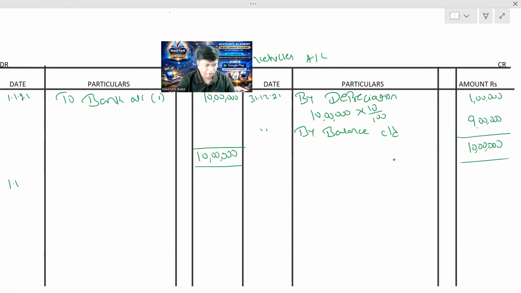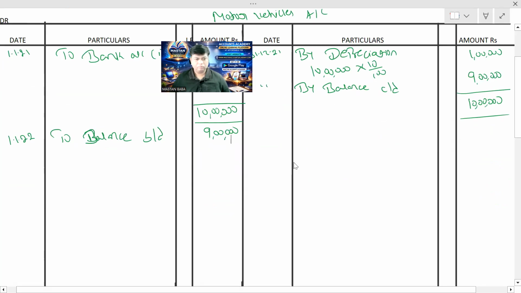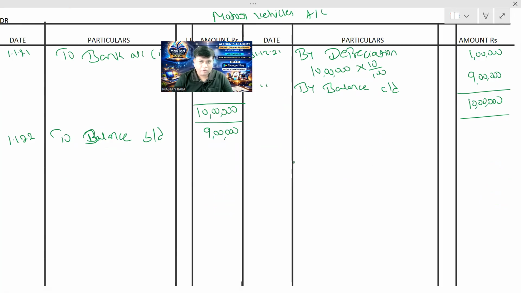On 1/1/2022, to balance brought down, 9 lakhs. And in this year, from 1st January 2022 to 31st December 2022, they purchased one more motor vehicle on 1/7/2022.